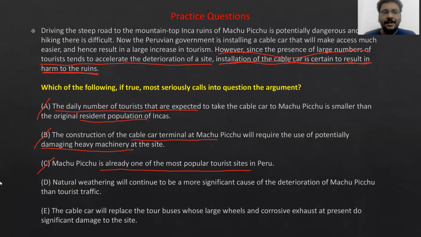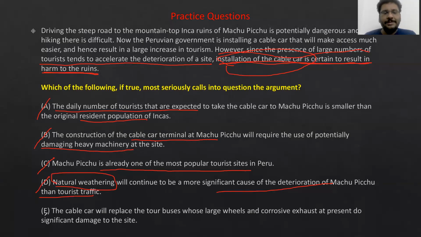Now, it gives you another factor, right? It talks about natural weathering, which is going to cause deterioration to Machu Picchu rather than the tourist traffic. But again, it does not talk about whether installation of a cable car is going to have an impact. So remember, you need to identify the conclusion and weaken the conclusion. So D is also gone.